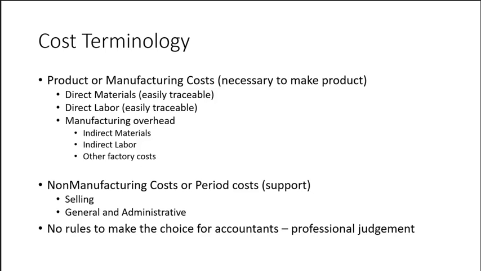They never go to inventory on the balance sheet. So from an overall accounting standpoint, there is that difference in how they are treated. Once you've decided which ones are which, then you should be consistent about how you treat them.